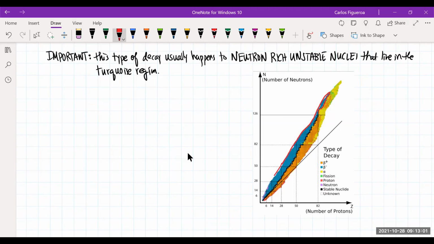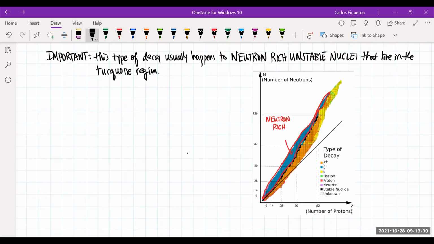I don't know if that's really turquoise. Maybe I should have said blue. This whole region right in here, there's something special about this region. This whole region is what we call neutron rich. That means nuclei are unstable because they have too many neutrons.